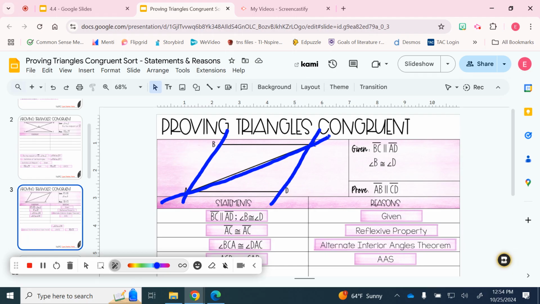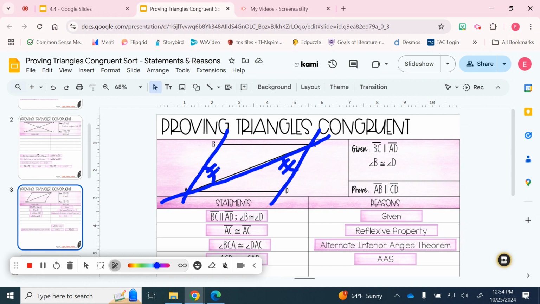And this is leaving me with this angle is congruent with this angle. What's my reasoning? Yeah. That would be the last step to prove them parallel.